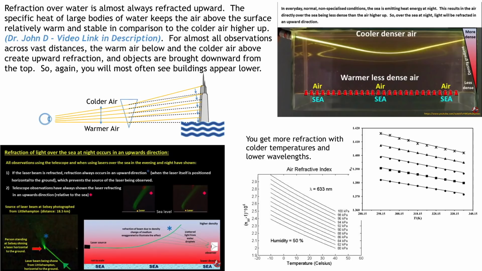So as a way to kind of summarize this, you get more refraction with colder temperatures and lower wavelengths. So let's say the blues and those kind of wavelengths are going to be refracted more, as well as colder temperatures, versus the reds and the warmer temperatures that are going to be refracted less.